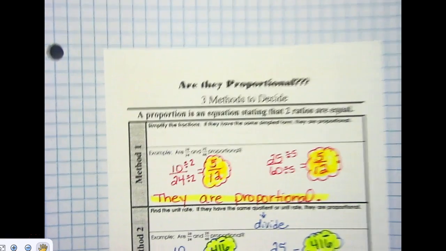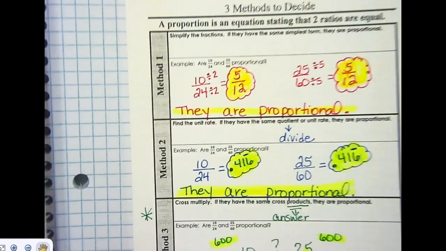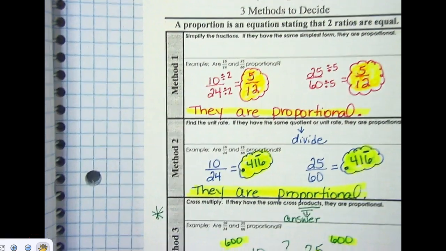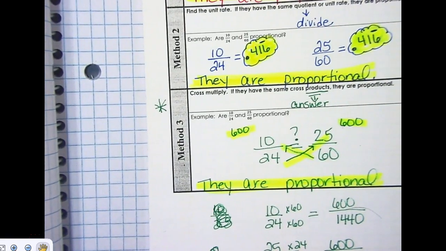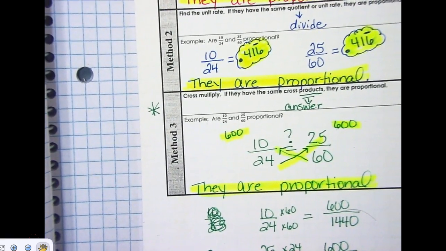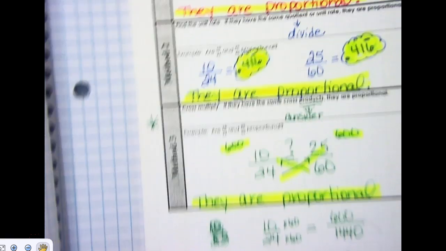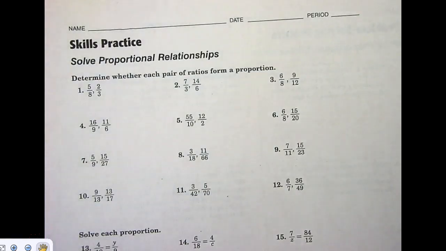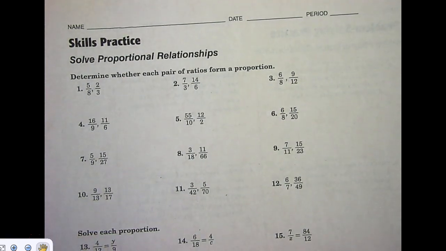Remember, there's 3 different methods. You could simplify the fractions. You could find the unit rate, or you can cross multiply and see if their cross products are the same. If the cross products are not the same, then they are not what? Not proportional. That's what we're going to use on this one.